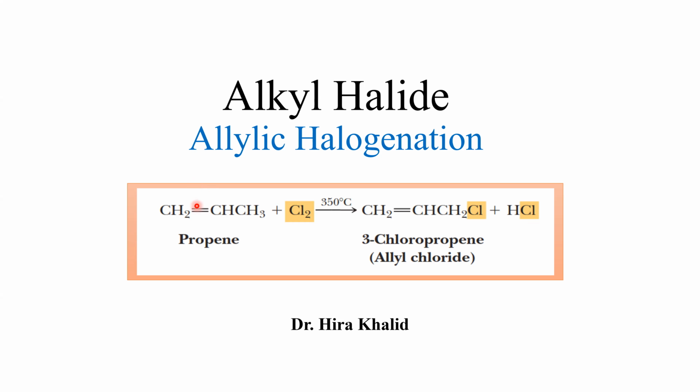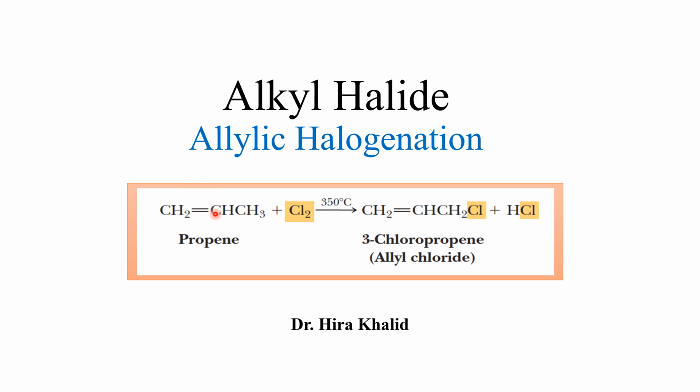So in a subsequent step we can get two chlorines attached. At the very first step there will be one chlorine addition, and then it will prolong and there will be another chlorine if we have a surplus or enough concentration of chlorine here.